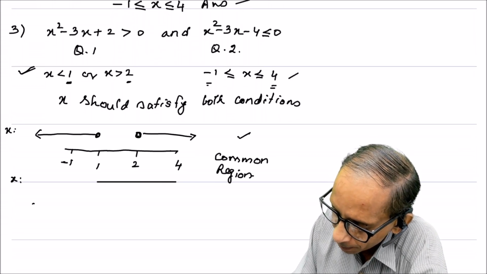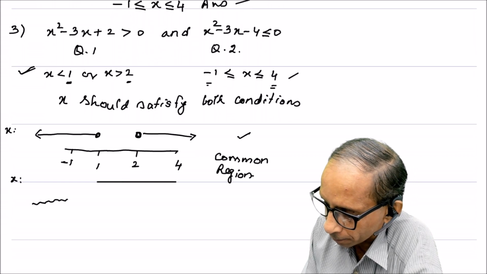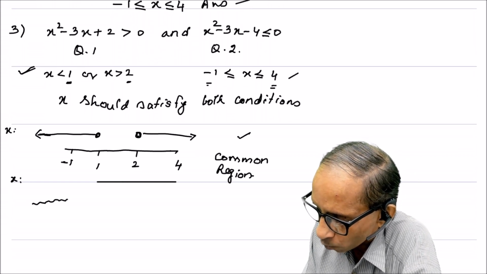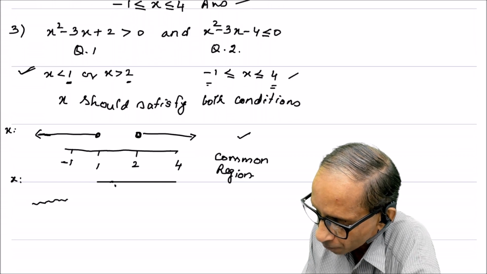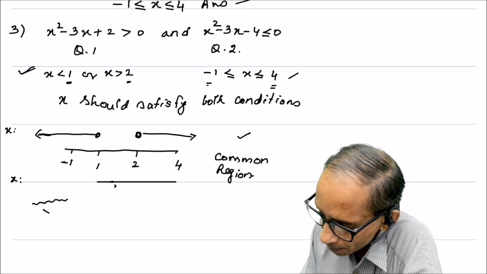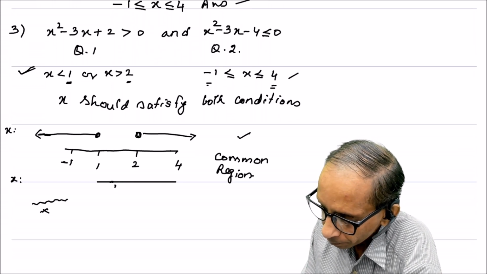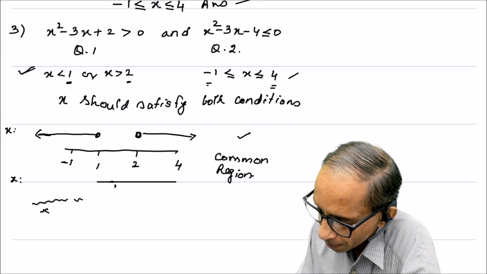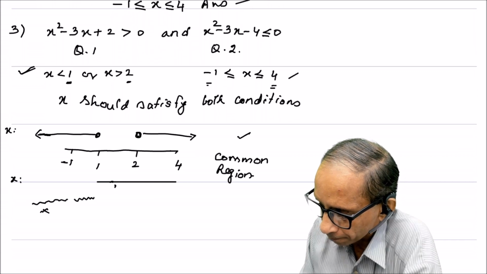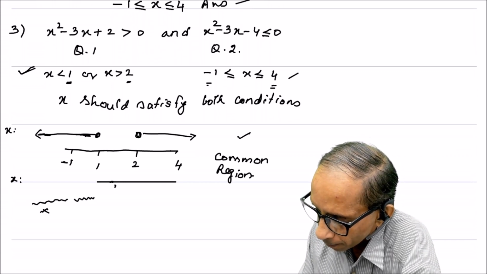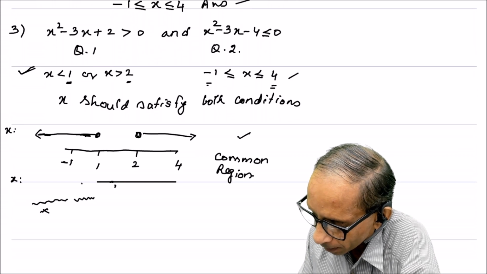If we examine this portion up till minus 1, then arrows are there in this region, but no support is available from this one. So this region is not to be kept. Consider this region between minus 1 and 1. There is a support of this line from the top, but in the bottom nothing is available here of this particular line.